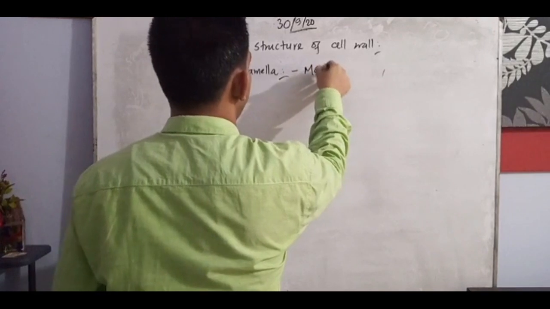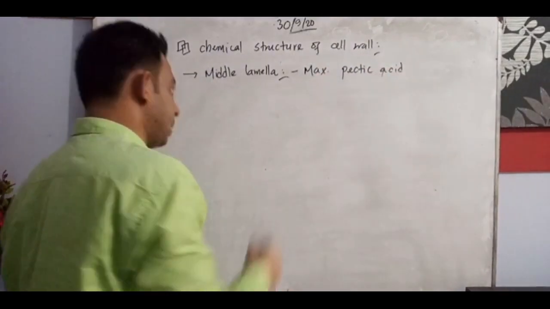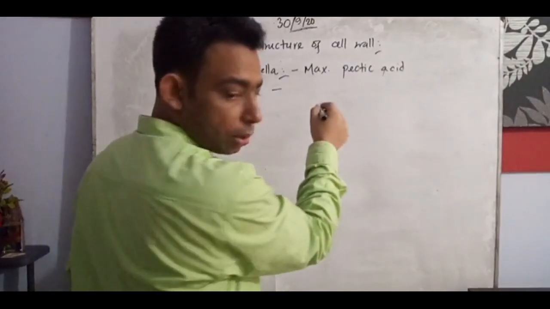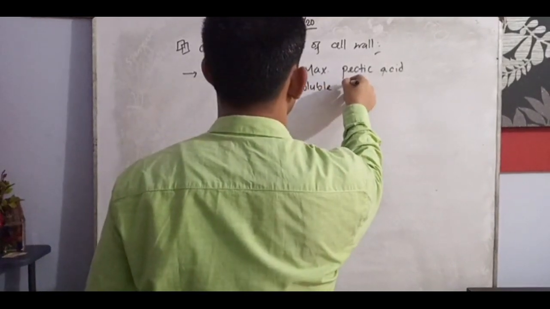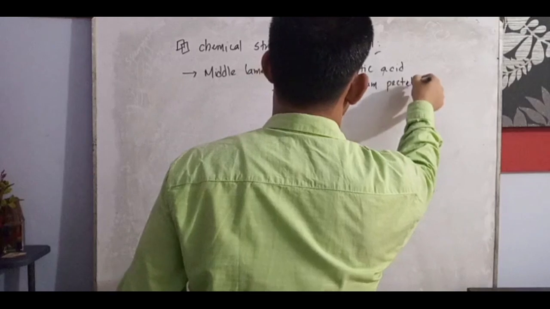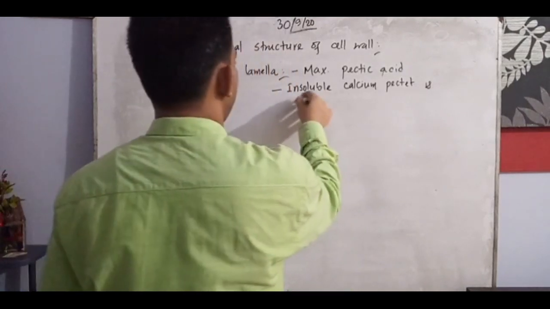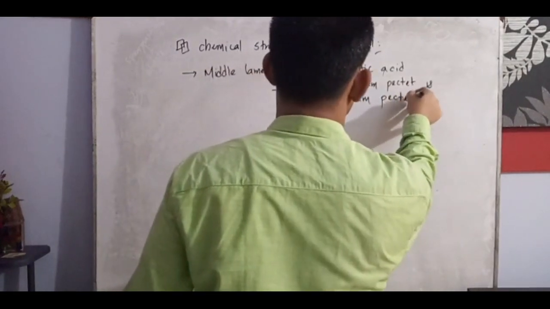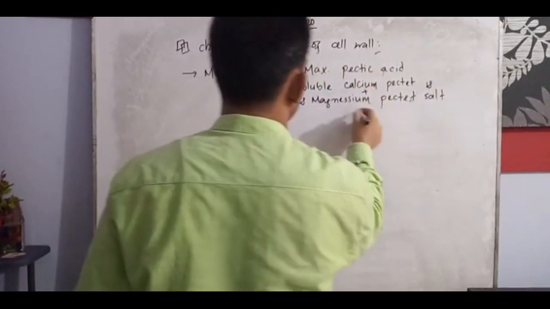Besides pectic acid, there are the insoluble calcium pectate and the magnesium pectate salt, and both of them are called pectin.